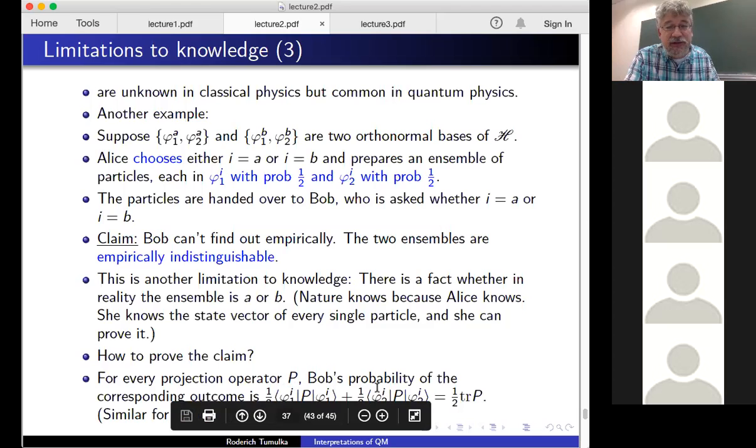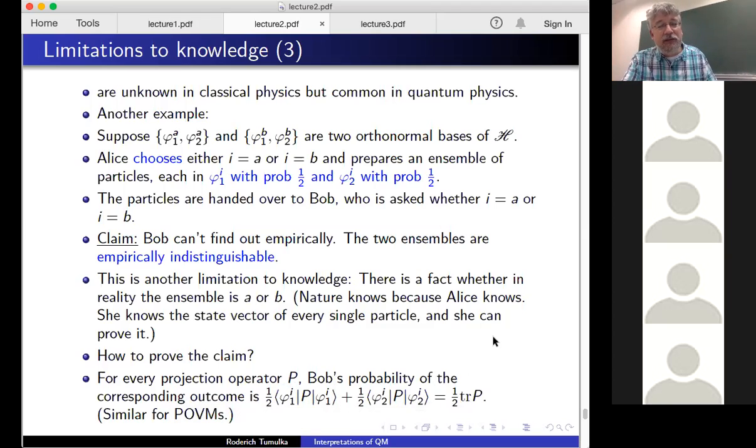For half of the particles, you get that probability. So in total, you just get 1/2 times the trace of this projection, which means, now, let's say these eigenspaces are one-dimensional, you get the value 1/2, independent of whether Alice chose A or B.